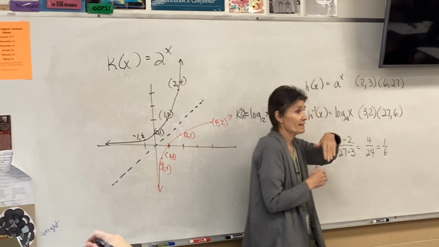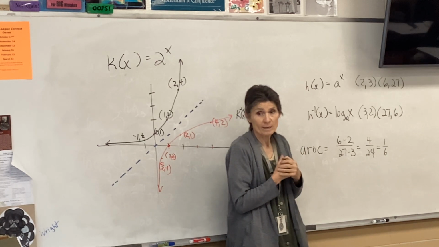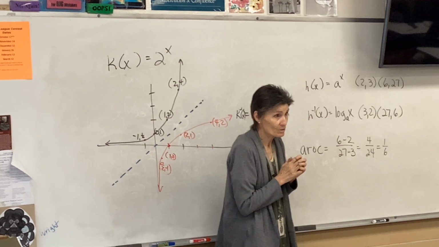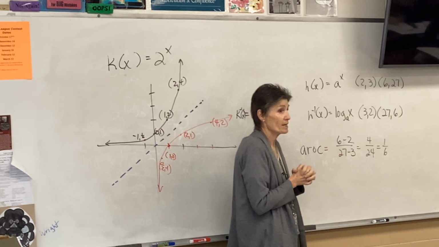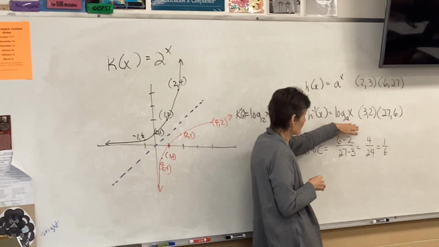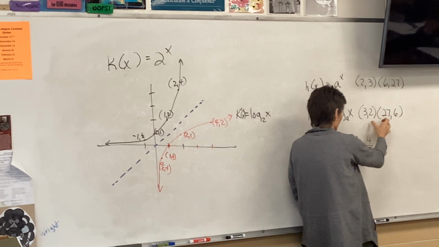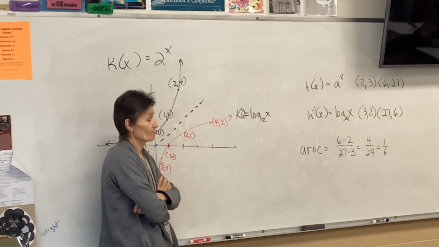So when we find an average rate of change, don't we take our y values, change in our y values over the change in our x values? So for the logarithmic function, these would be the ordered pairs, and this would be the average rate of change.